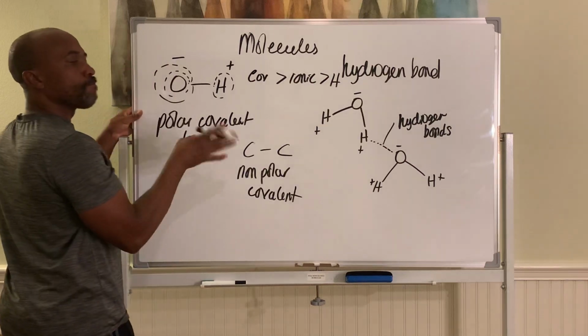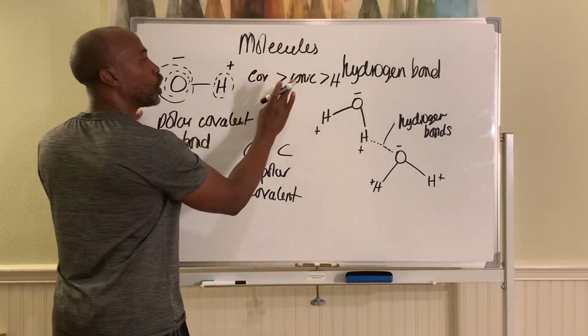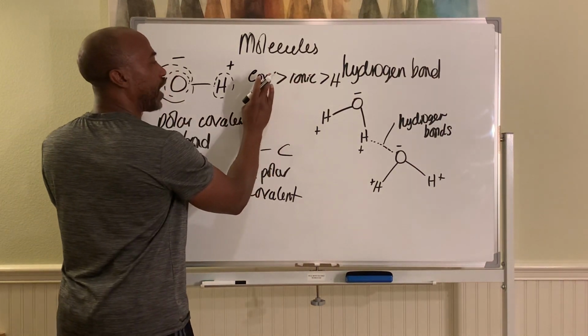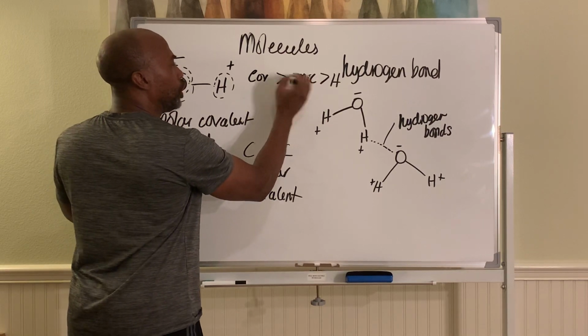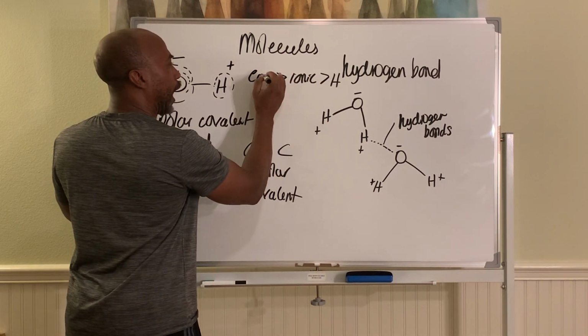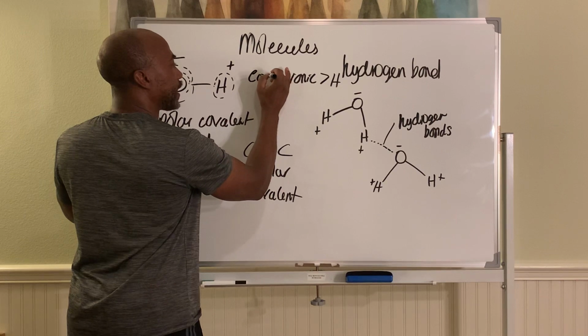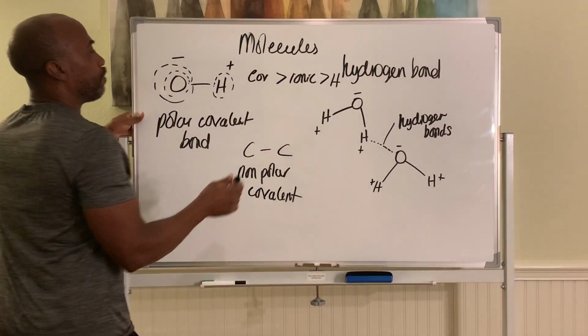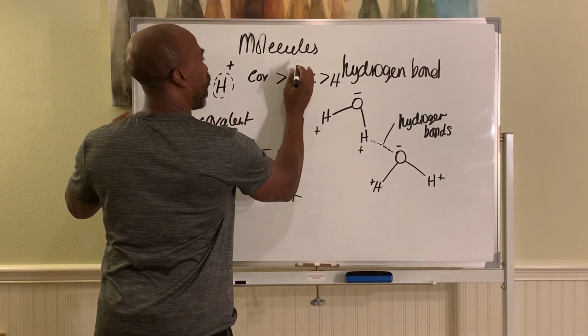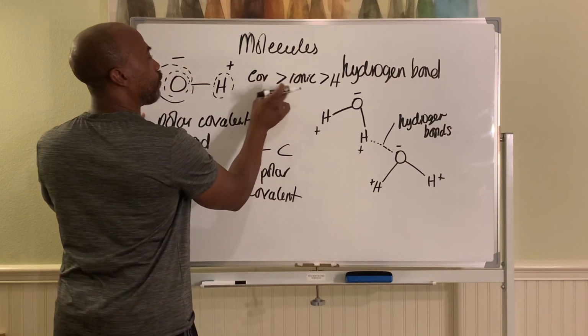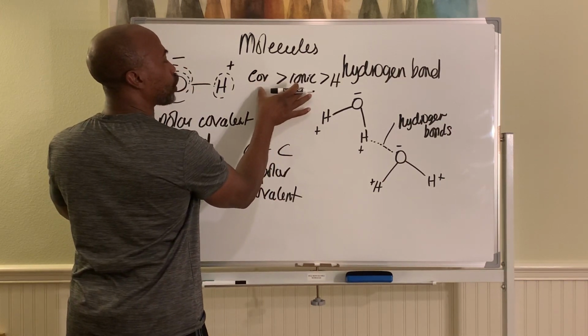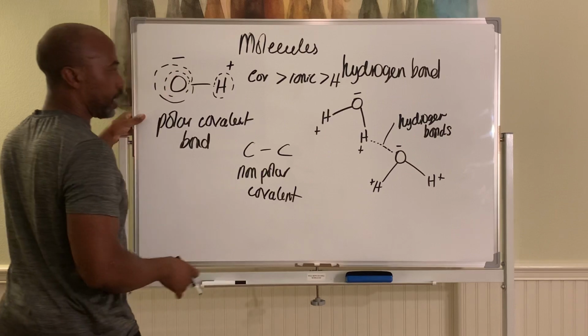Some books do actually go ionic bonds to covalent bonds to hydrogen bonds. So these two are a bit unclear, and I need to research more on that before I make it doctrine per se. But for sure, these two bonds are stronger than hydrogen bonds. Keep it at that level.